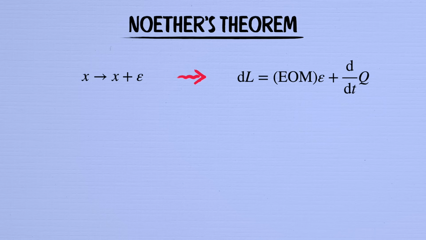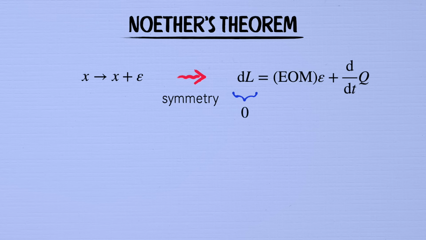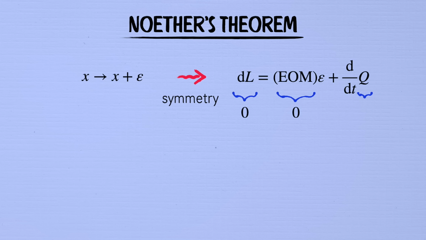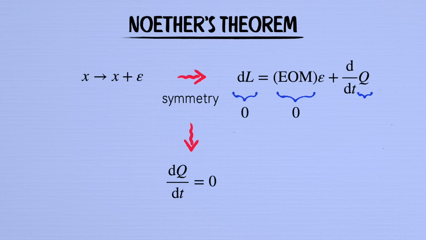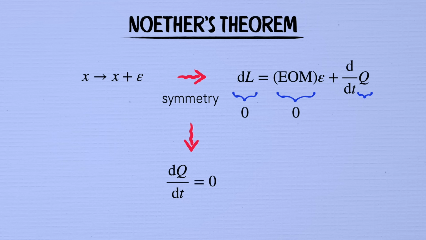If we choose a specific epsilon that gives us a symmetry of the Lagrangian, then dL is equal to 0 on the left-hand side. Then, on the physical trajectory, where EOM equals 0, this equation tells us that whatever quantity Q comes out for the particular transformation we picked will be conserved, dQ by dt equals 0. So when we had a translation symmetry, Q came out to be the momentum. When we had a rotation symmetry, it was the angular momentum, and so on.